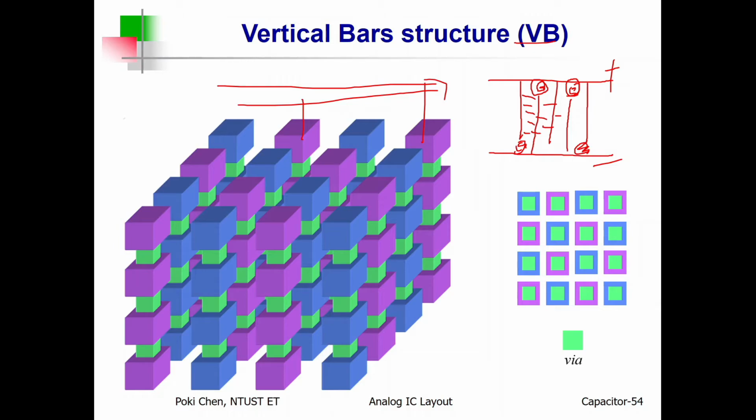To the end of the paper, I will show you the property of VB, of vertical bars, actually is not so good as vertical parallel plate. The authors prove it by experiments. Believe it or not, with solid proof from the experiments, you guys had better believe it. VPP is better than VB.